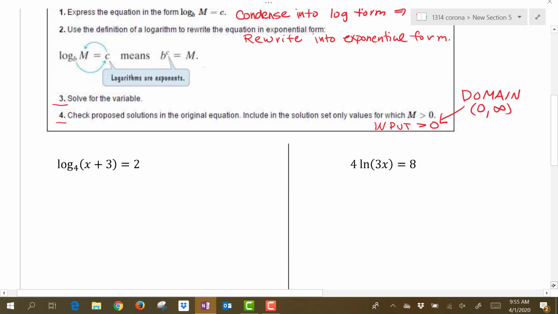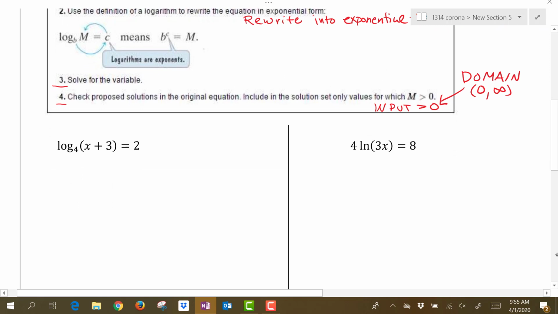Alright, so let's look at using these steps to solve example 1. For example 1, we want log form. That means I want to be able to look at this equation and say, on one side I have the word log, I have a base, I have input, and on the other side I have an exponent. When I look at this, I have the word log, I have the base, I have the input, and equals, so check, check, check, and then I have a number on the other side, that's the exponent.